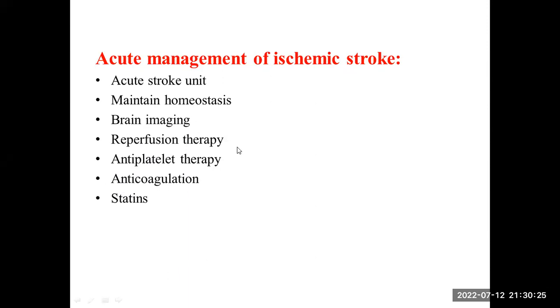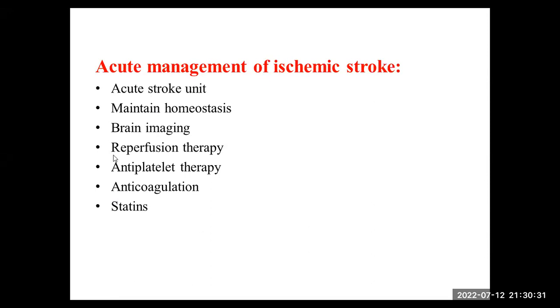So stroke in general can be either cardioembolic or non-cardioembolic. And anticoagulation can be beneficial in cardioembolic stroke. If you have cardioembolic stroke, then there is evidence that anticoagulation can be beneficial.